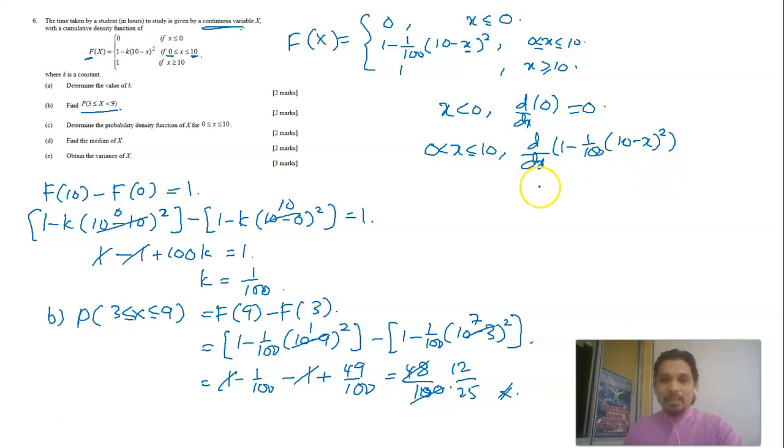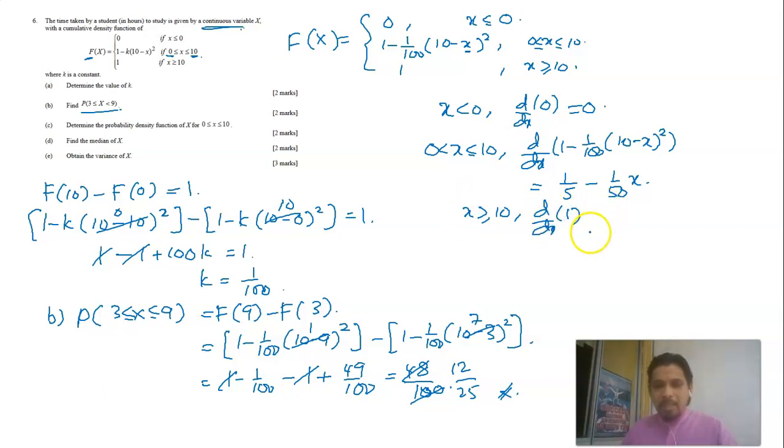Equal to, for this one, you will get 1 over 5 minus 1 over 50 x. We multiply and simplify, then differentiate, and you will get this one here now. And for x greater than 10, differentiate 1 with respect to x, which is equal to 0.